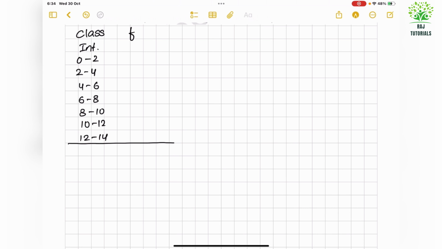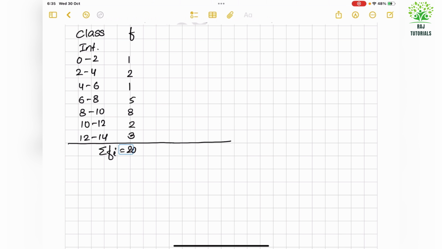So now, 0 to 2 it is 1, then 2 to 4 it is 2, then 1, 5, 8, 2, 3. So if I find the total of all, it should come as 20.